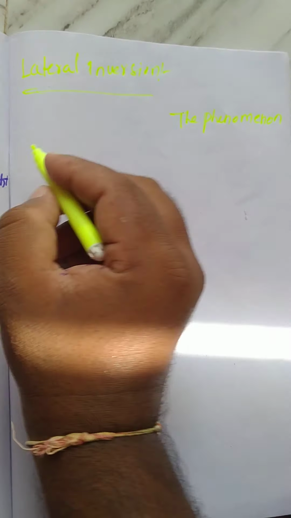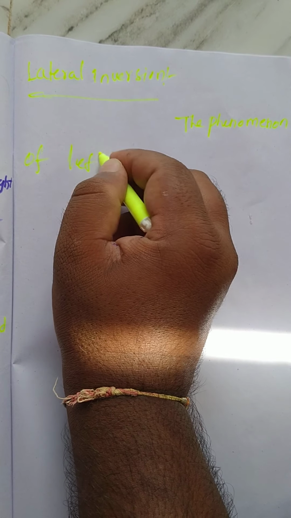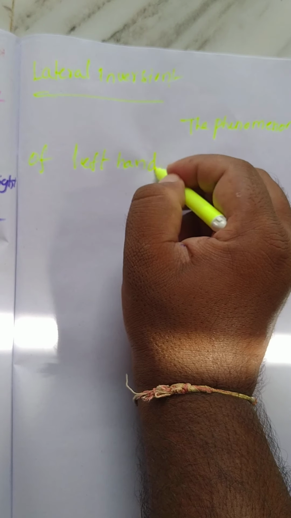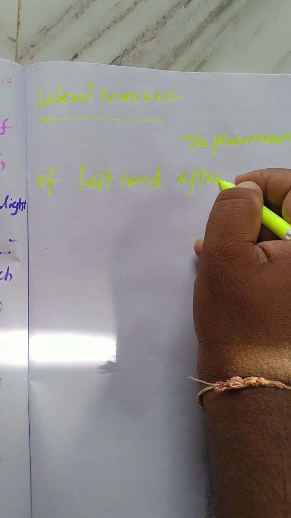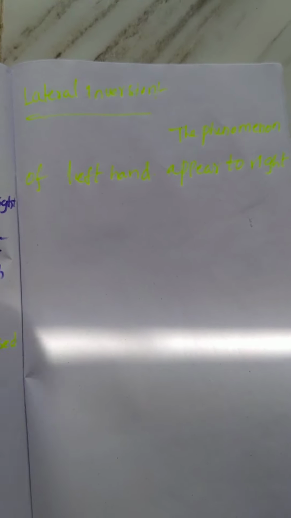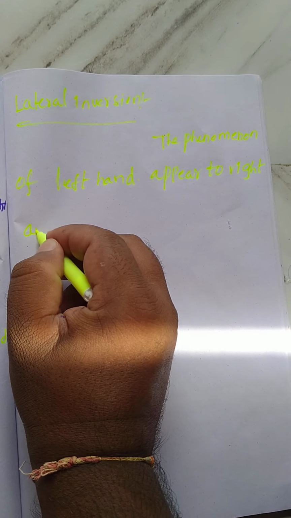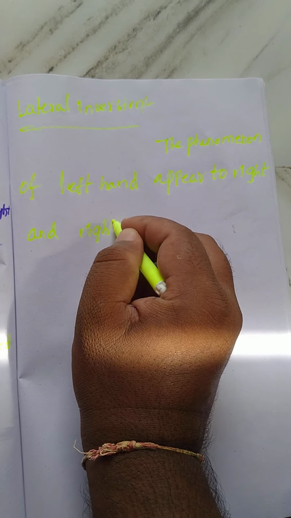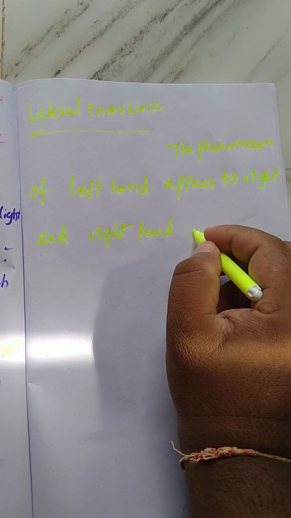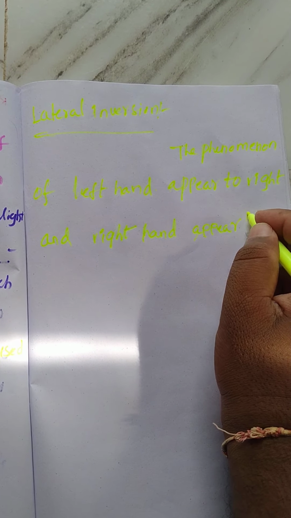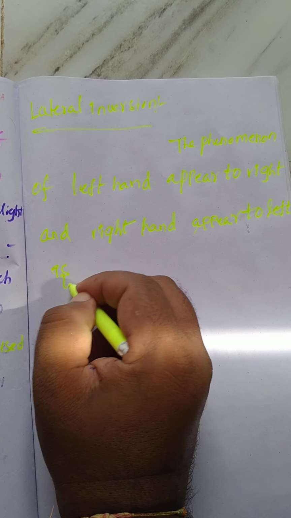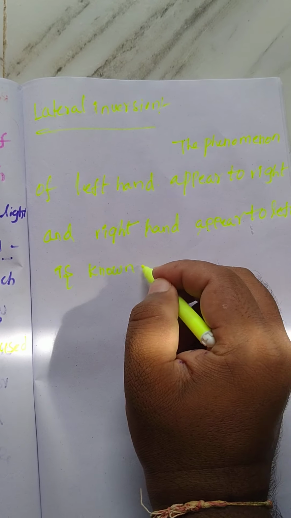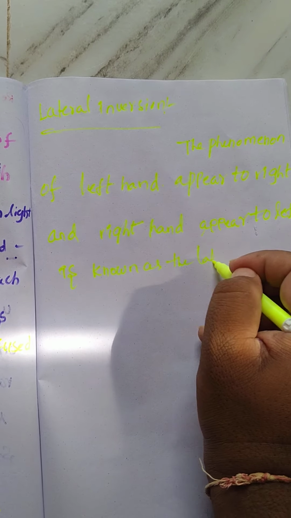So the phenomenon of the left hand appearing to be the right, and the right hand appearing to be the left, is known as lateral inversion.